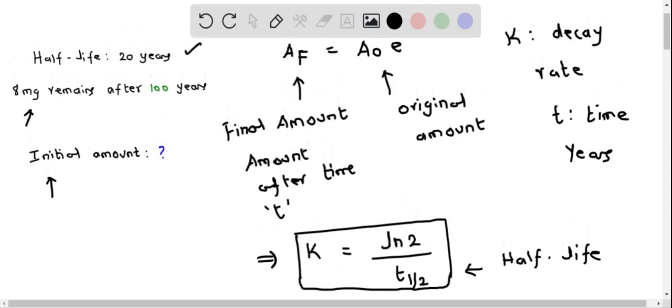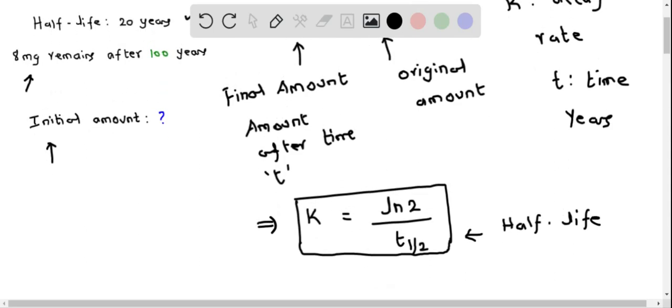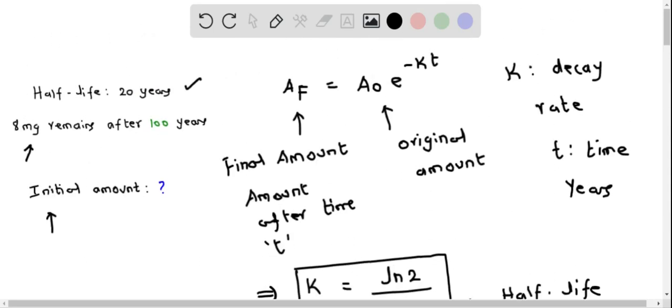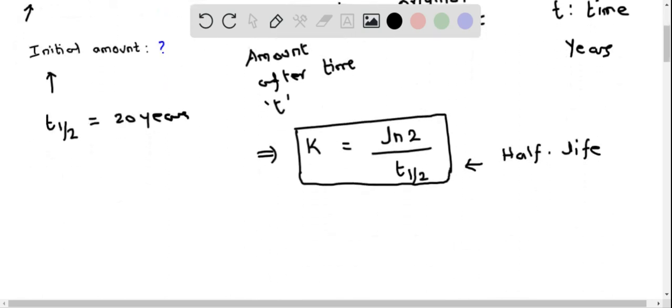Let's determine the value of k, because the half-life is given as 20 years. That means t half equals 20 years. We can substitute in this formula for k, so we get k equals the natural logarithm of 2 over 20. This is the value of k that we have determined.